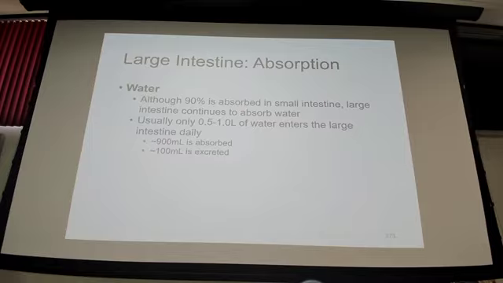And so, again, because of the passage here, there's not a lot of space, not a lot of length relative to the small intestine. Only so much water should make it in, and about 100 milliliters of that should make it out. Okay? An increase in that water excretion is called what, typically? Diarrhea.